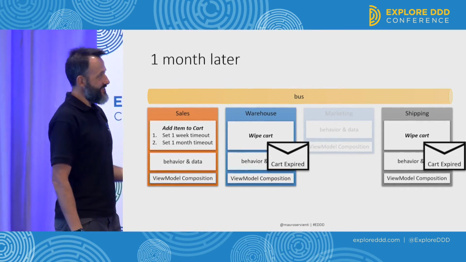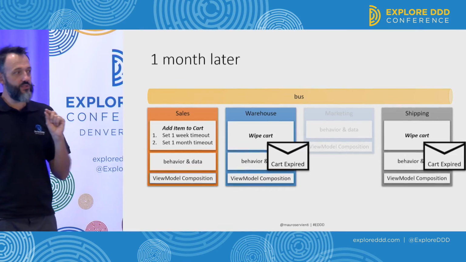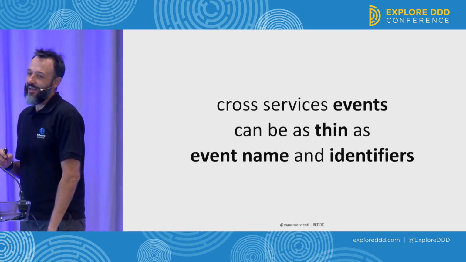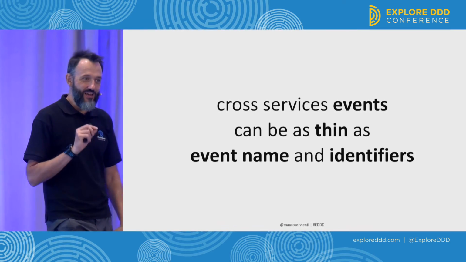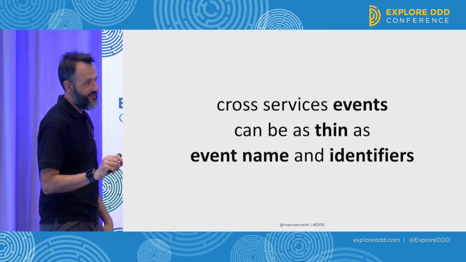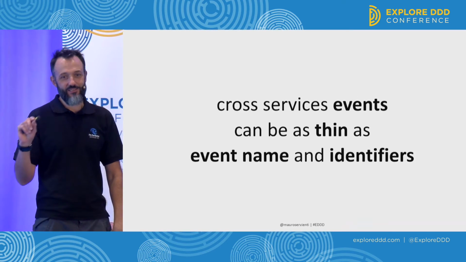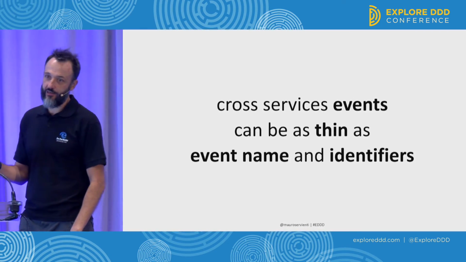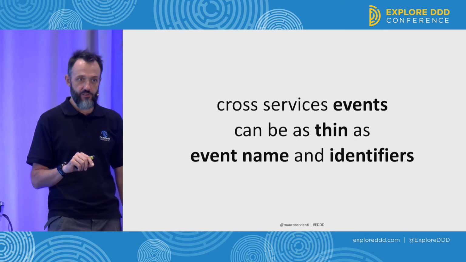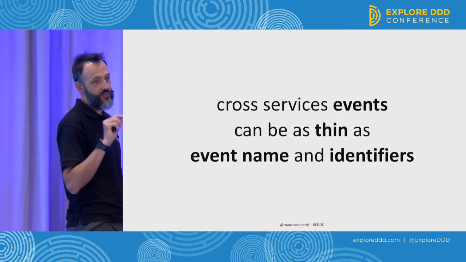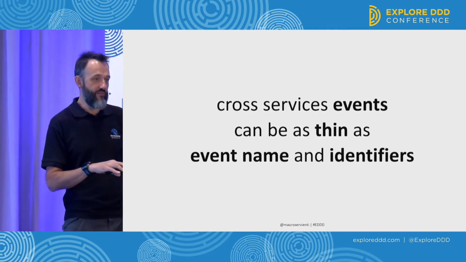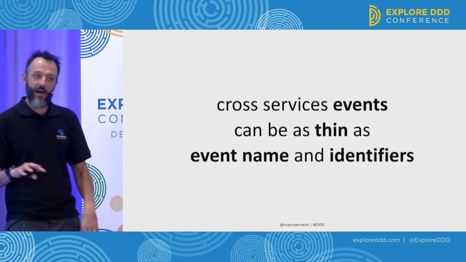Given that we have vertical slices, what's the important side effect, in quotes, of this? That events can be as thin as name and identifiers. We do not need to share anything across services other than super stable things. If an identifier changes, we have a much larger problem. So coupling is not the problem.